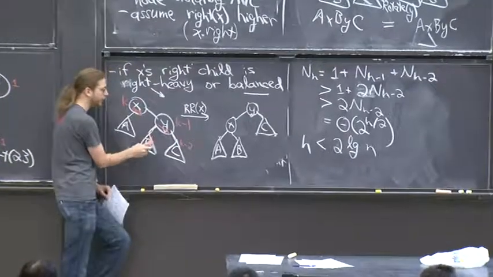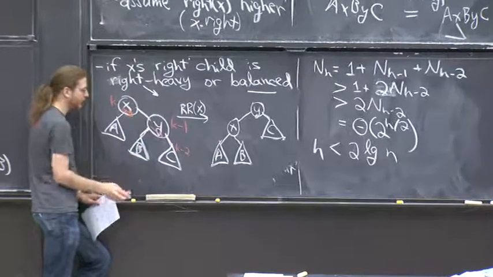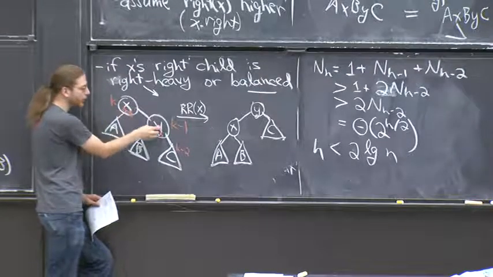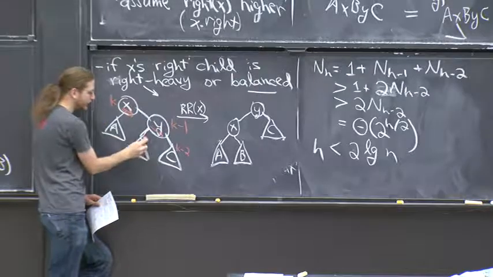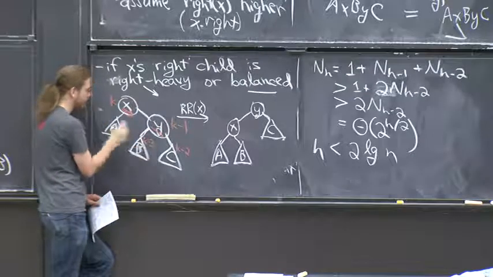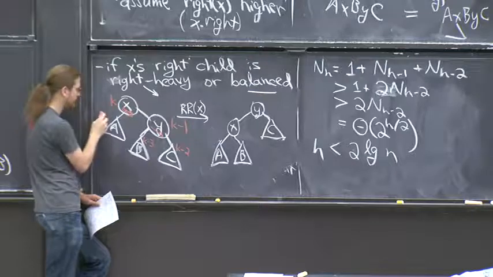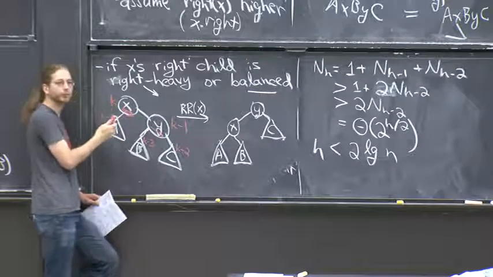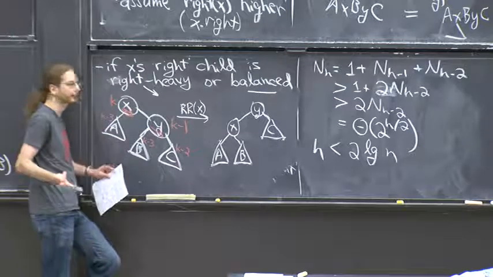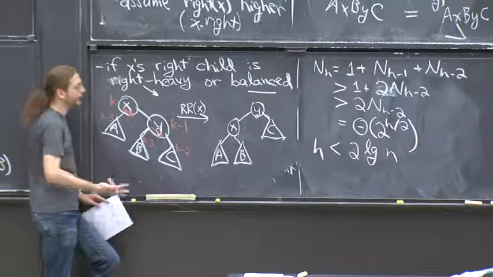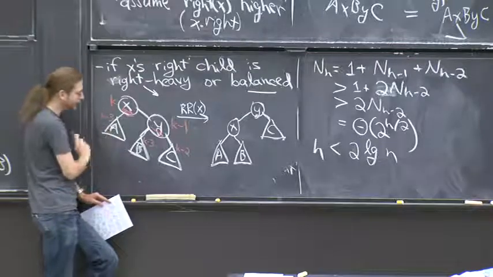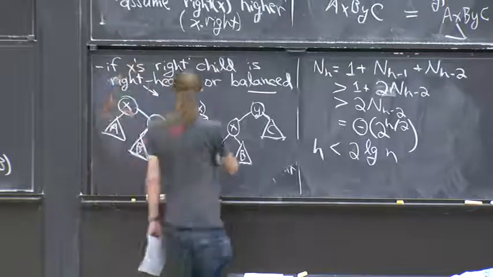And this is something smaller than k minus 2. In fact, we assumed that x was the lowest node that's not AVL, so y is AVL, and so this is going to be k minus 3. And this is going to be k minus 3 because these differ by 2. You can prove by a simple induction you never get more than 2 out of whack because we're just adding 1 from an off by 1. So we get off by 2. So this is the bad situation. Now we can just update the heights over here.